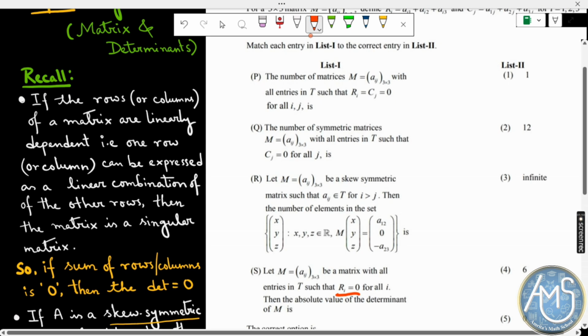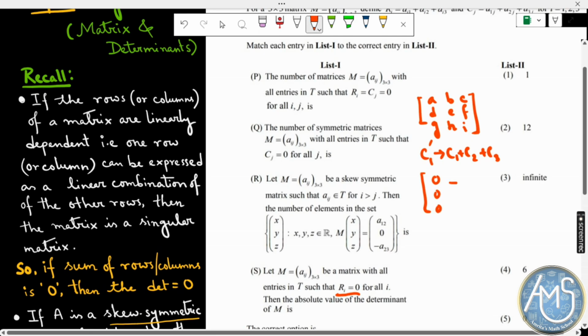From recall, we understand that if row sum or column sum is 0, then determinant must be 0. If you don't recall that, you can think that if row sum is 0, like we have a matrix A, B, C, then D, E, F, G, H, I, and you use the operation new column 1 will be column 1 plus column 2 plus column 3, you get the first column as row sums, which are zeros.